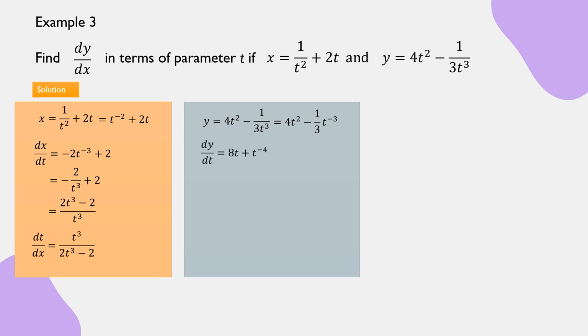So differentiate y with respect to t. We get 8t plus t to the power of negative 4. Or we can write as 8t plus 1 over t to the power of 4, as a single fraction 8t to the power of 5 plus 1 over t to the power of 4.